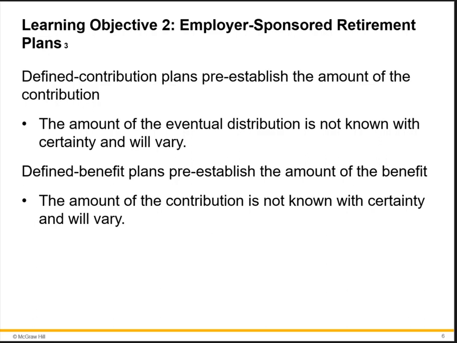Whether you live to be 65, 70, 100, doesn't matter. The employer promises to meet that obligation. Now, they are required to have a certain amount of money set aside to do that, because otherwise they may not be able to meet that obligation.